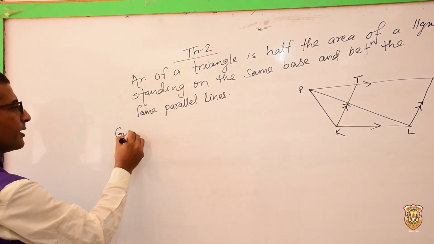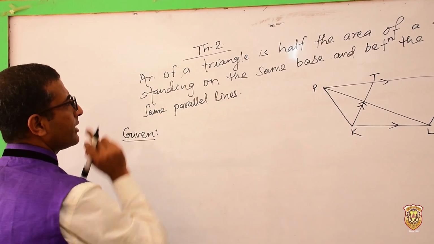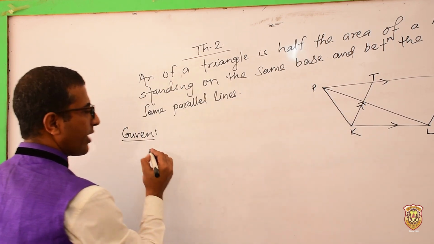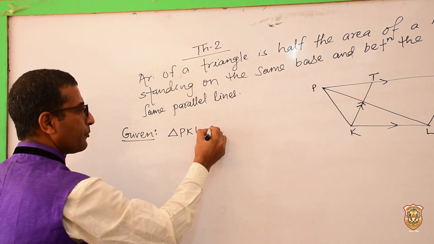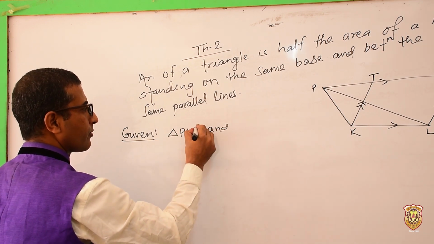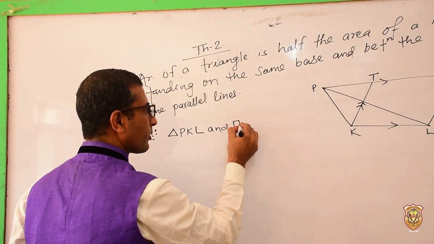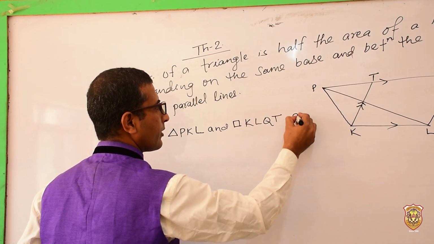Starting with the given, we will start the same as earlier. First of all, the triangle in this figure is PKL and the parallelogram is KLQT.